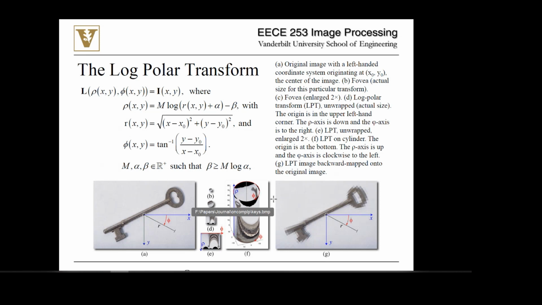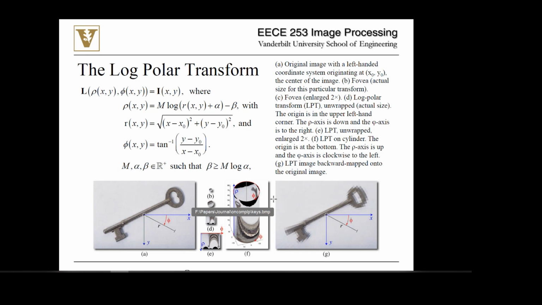So I will transform my image into a different one. This is the luminance image of the output image that we will see. I will define this output in a polar space. This one is in the Cartesian domain.